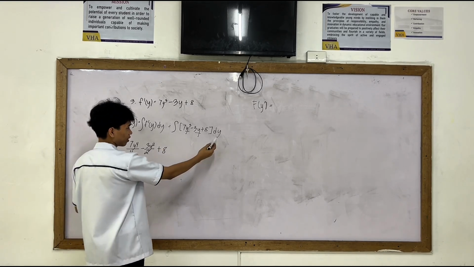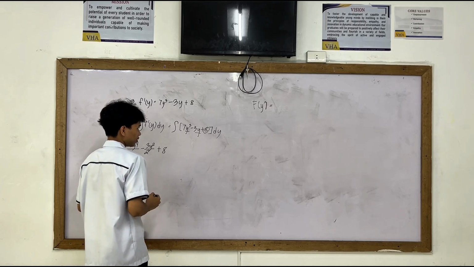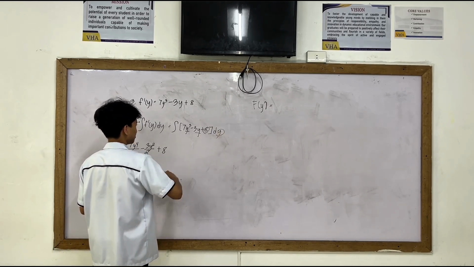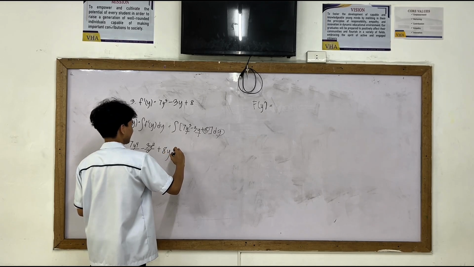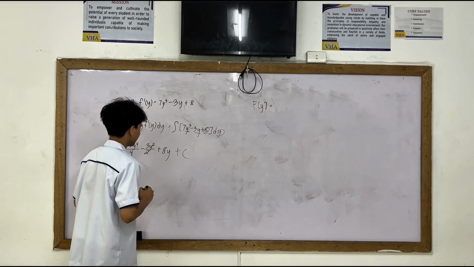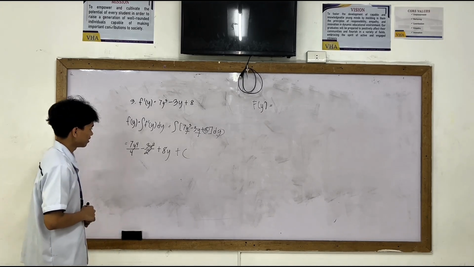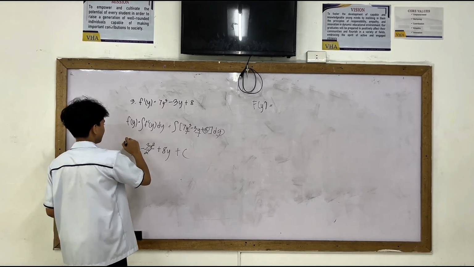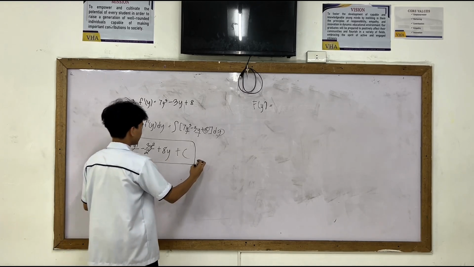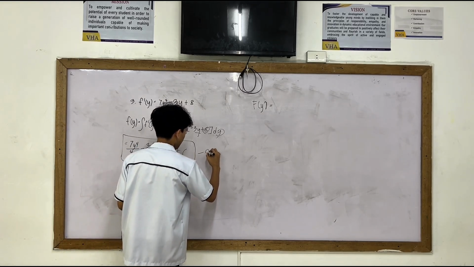And if we're gonna have a constant, all we need to do is write y and add a constant. And this is the general function of F of y.